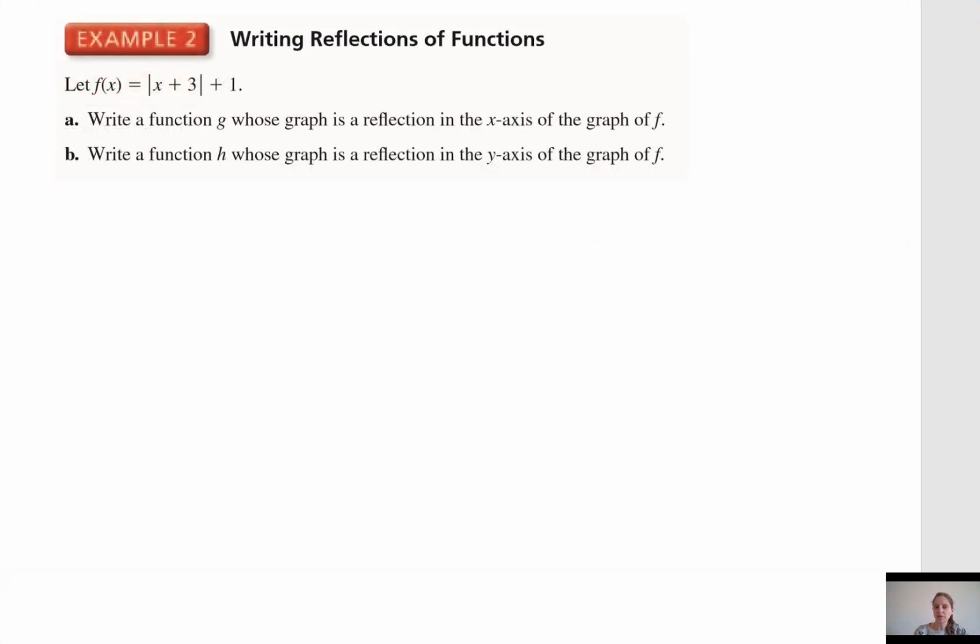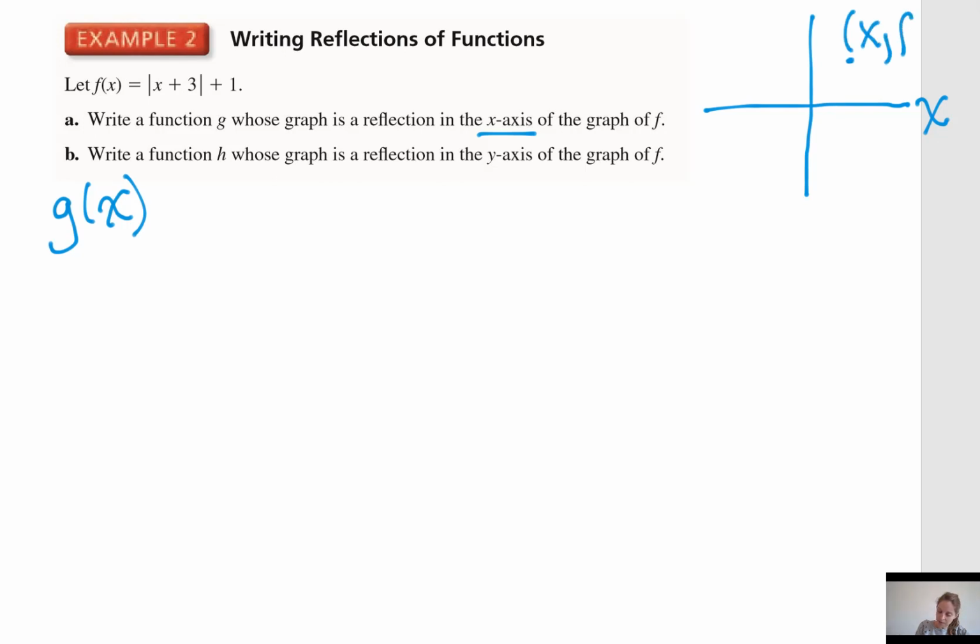Example 2, writing reflections of functions. Let f of x equal the absolute value of x plus 3, plus 1. A, write a function g whose graph is a reflection in the x-axis of the graph of f. My new function is going to be g of x. This is a reflection in the x-axis. I need to make myself a little note. So this is the x-axis, and I've got to think to myself, if I have a point up here, which is x comma f of x, and I want to reflect over the x-axis, what changes? Well, the x value does not, but the y value, or the f of x, negates.